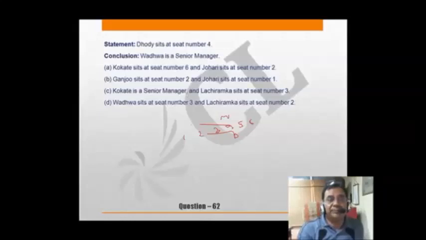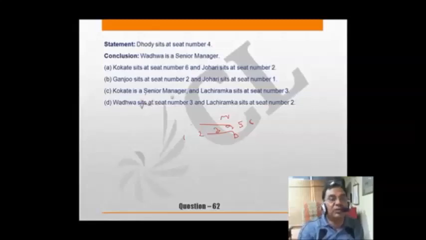Kokate is a senior manager. And Lachi Ramika sits at number 3. Okay, now I'll think about this. I'm getting confused, because nothing has come. Kokate is a senior manager, sits at number 3. This I'm not getting, because Vadhva sits at number 3, that is not possible.